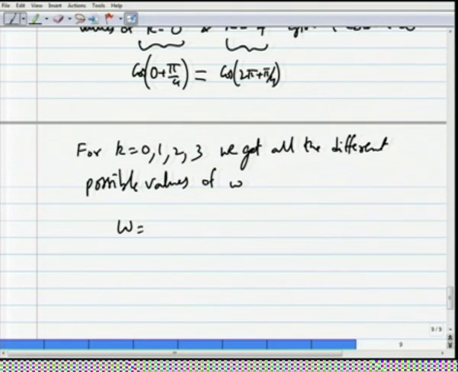When we substitute and see what the values are, we get w equals 3 power 1 by 4 times plus or minus 1 by root 2 plus or minus i by root 2. So, all the possible combinations: 1 by root 2 minus i by root 2, 1 by root 2 plus i by root 2, minus 1 by root 2 plus i by root 2, and minus 1 by root 2 minus i by root 2.